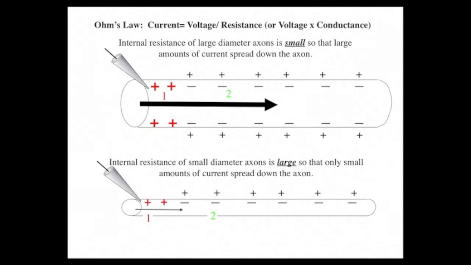So it's the diameter of the axon which basically determines the spread of current down the axon because of the difference in the internal resistance. And in the next movie, we're going to see how these features, particularly the diameter of the axon, can regulate the conduction velocity of the action potential.